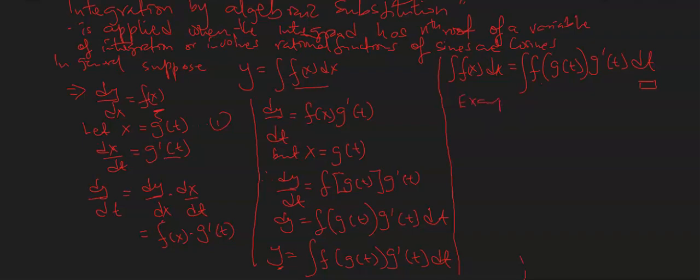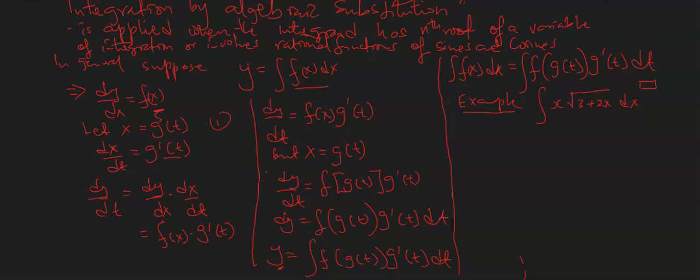Let's take a specific example. For example, integrate x root of 3 plus 2x with respect to x. Note that this has an nth root of a variable of integration.